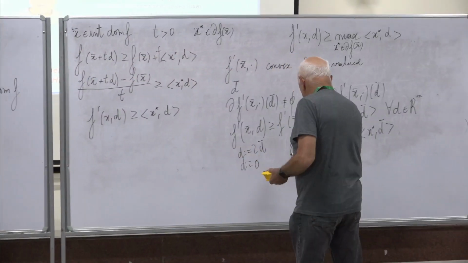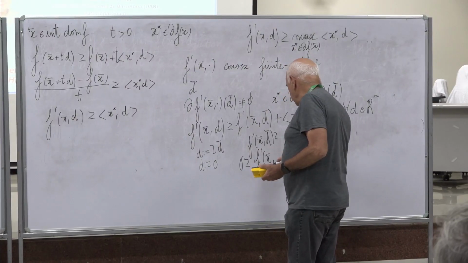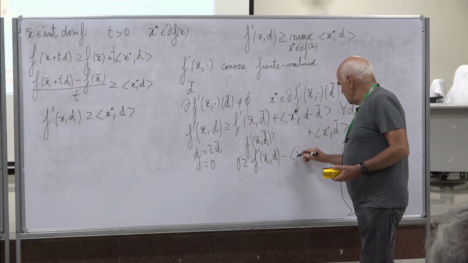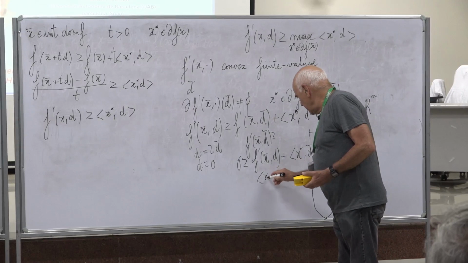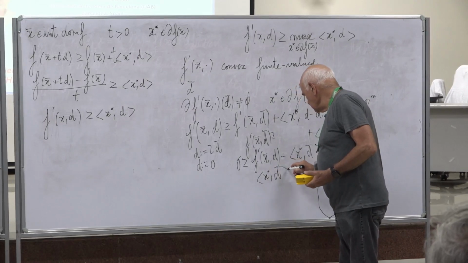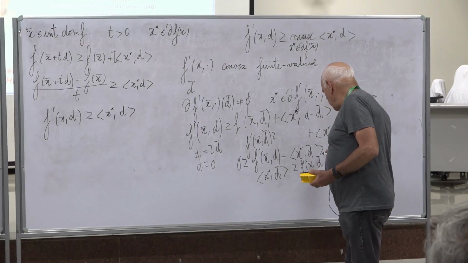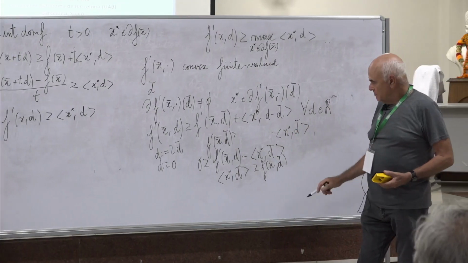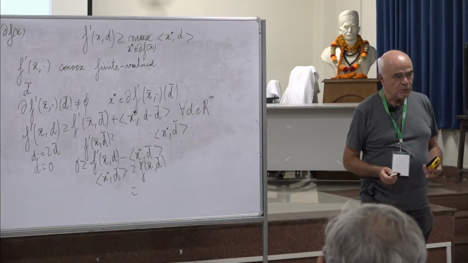So you get 0 greater than or equal to f prime of x bar d bar minus x star d bar. So we get x star d bar greater than or equal to f prime x bar d bar. And we already have the opposite inequality. So we have equality. And this is the end of the proof.